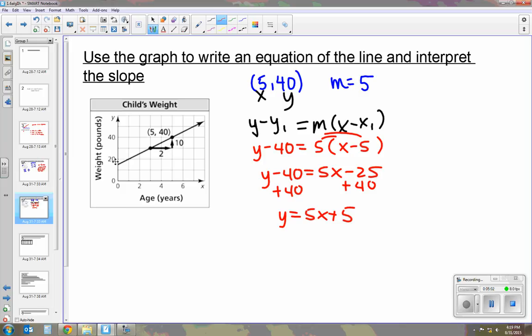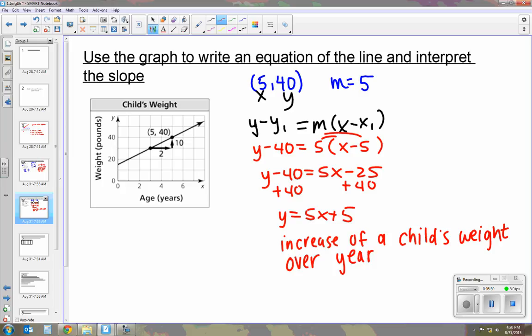The independent value is the age in years, and the dependent value is the weight in pounds. So we can say the increase of a child's weight over years. Okay, so we have to be able to interpret that slope.